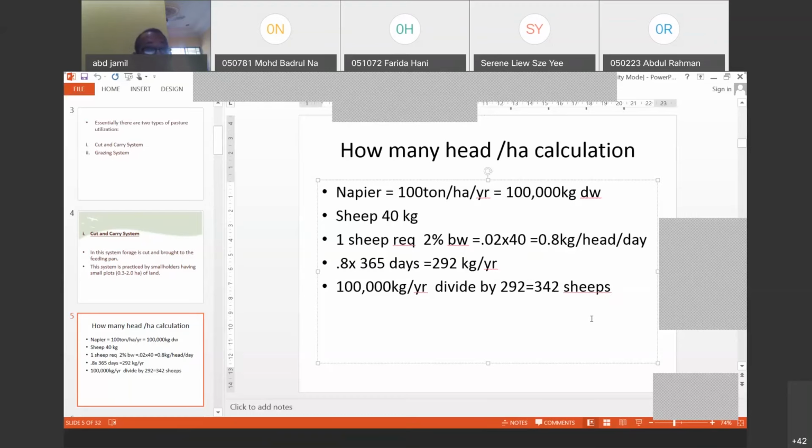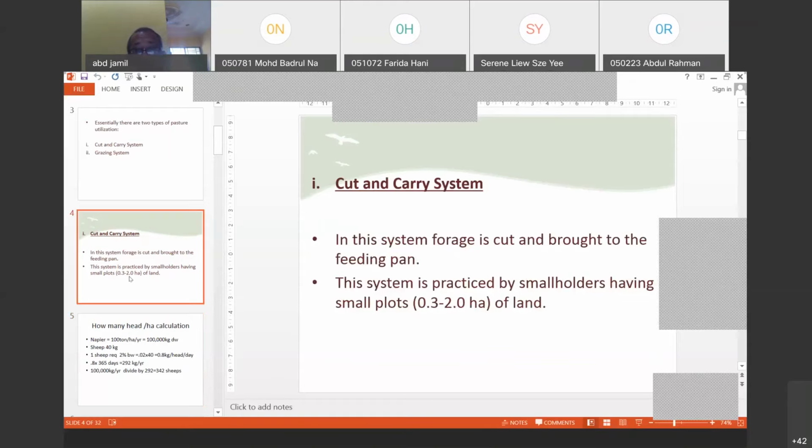So back to your system, cut and carry system is practiced by smallholders and within small plot of land. It's about one acre, 1/3 hectare to 2 hectare of land.